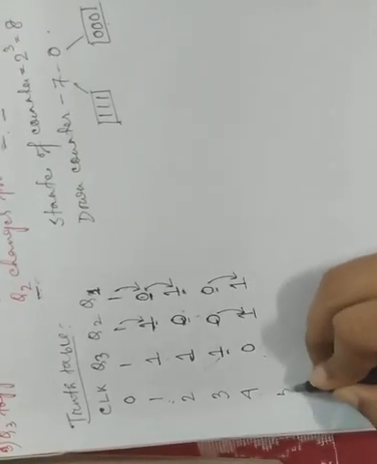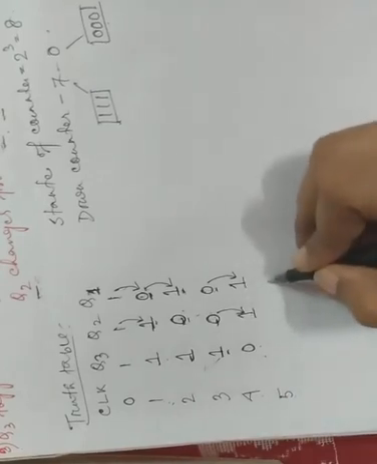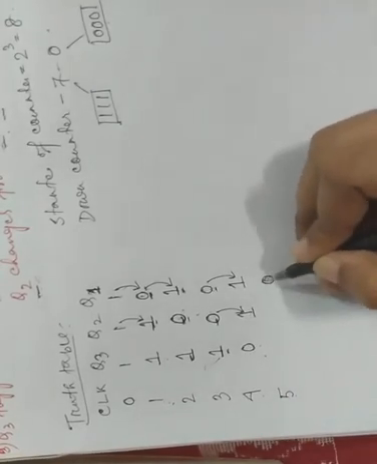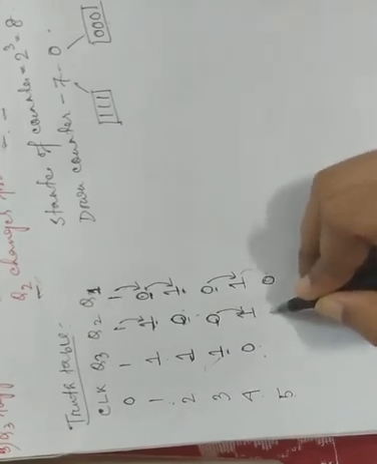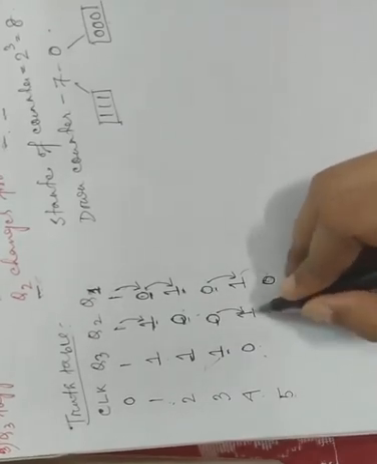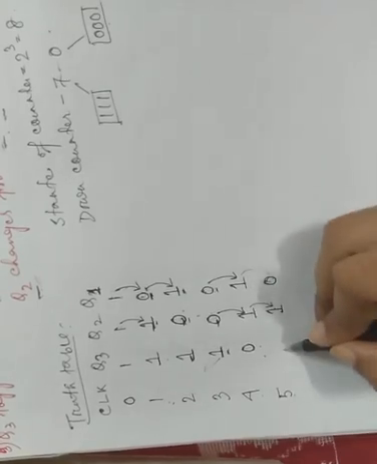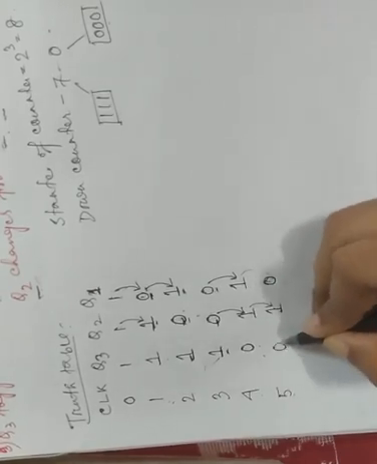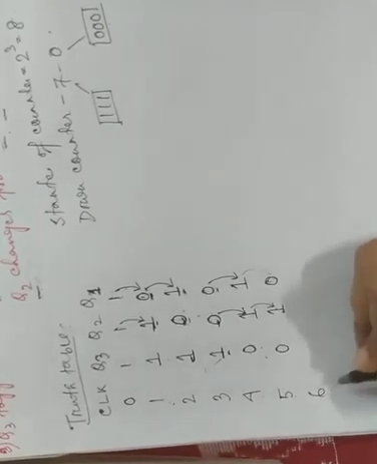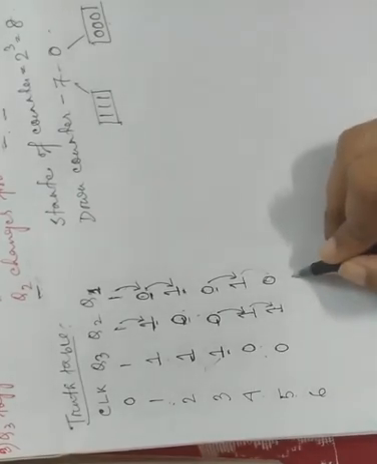Now in the 5th clock pulse, Q1 changes. As it changes from 1 to 0, Q2 will not change. Again, as Q2 goes from 1 to 1, Q3 will not change. For the 6th clock pulse, Q1 will change every time.